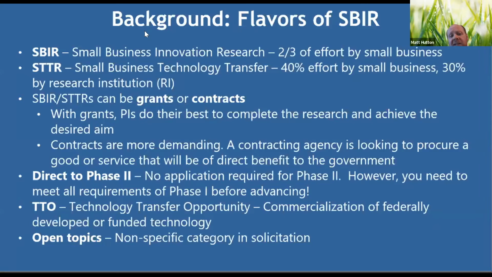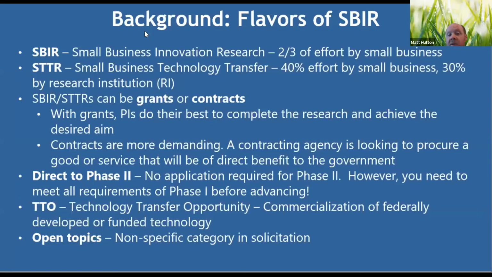The next one is the STTR, or Small Business Technology Transfer. Basically, this was created because professors at universities started doing SBIRs, and then they would leave their university posts by themselves out of teaching for semesters, and that caused trouble for the university. So the SBA created the Small Business Technology Transfer.